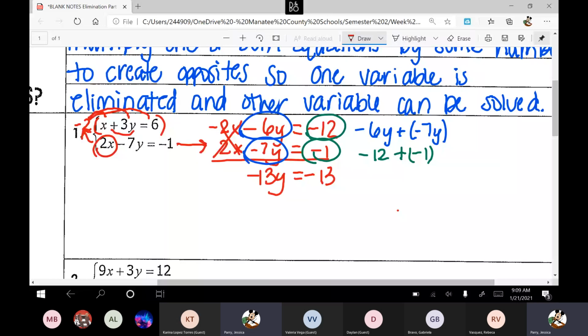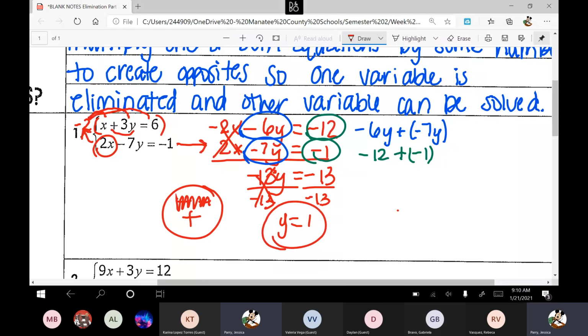Okay, so now we're just going to continue solving like we did earlier this week. We know we can read this as -13 times y, so I'm going to do the opposite. Divide by -13 on both sides, so then y equals -13 divided by -13, we know is a +1. Okay, so we got y equals 1.